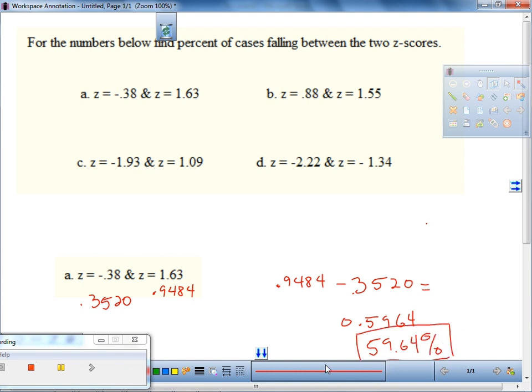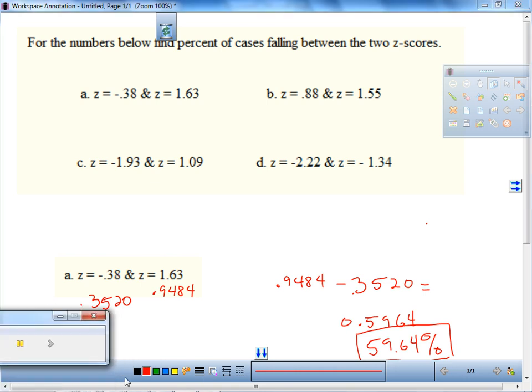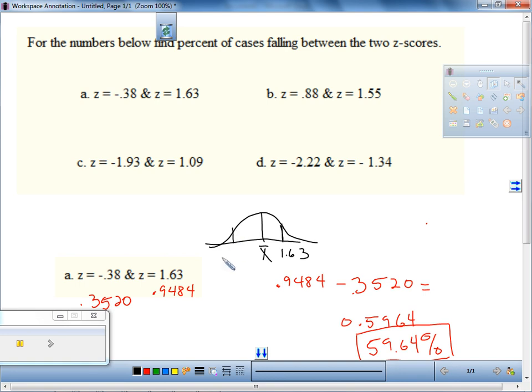Okay, because what we're actually looking for, just to draw a diagram of it, is our little normal curve. We have the mean. Our 1.63 is somewhere up here, and negative 0.38 is somewhere down in here, and so we're looking for all the area here.